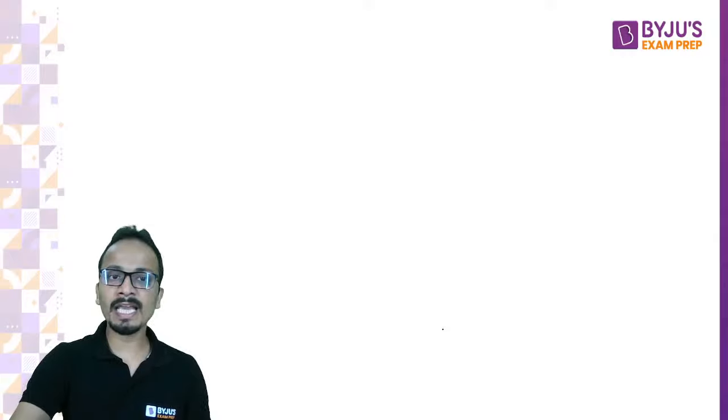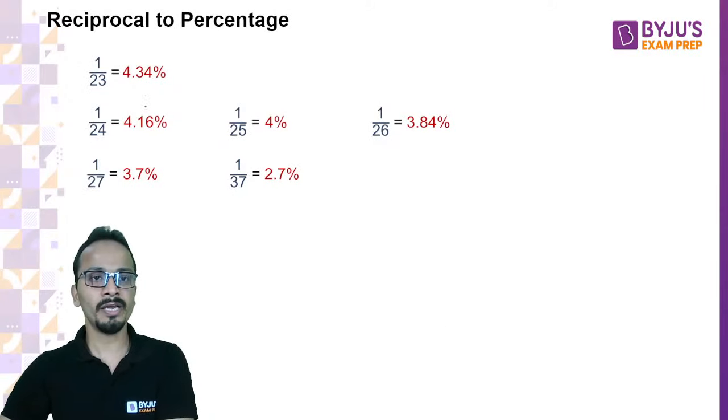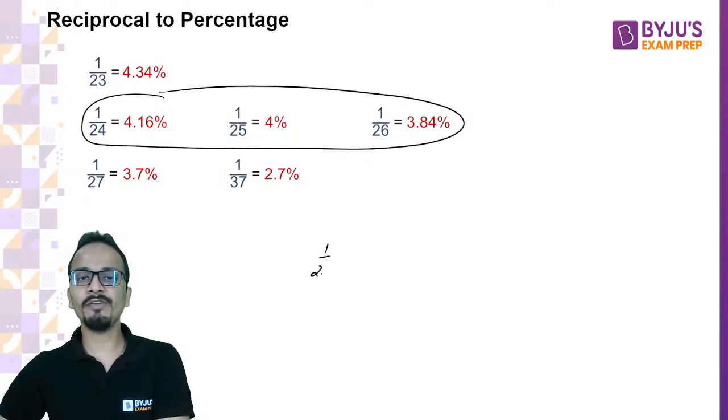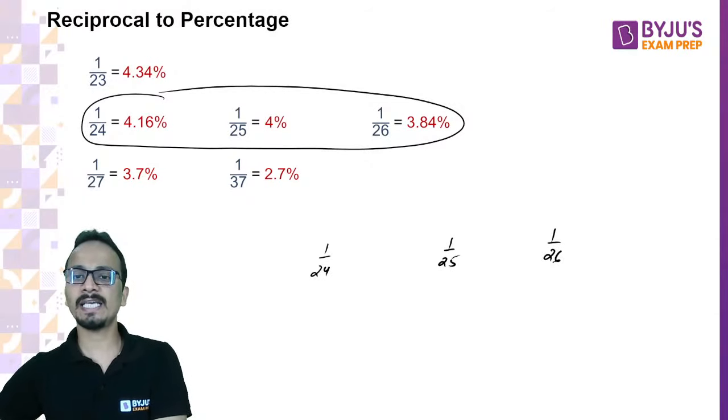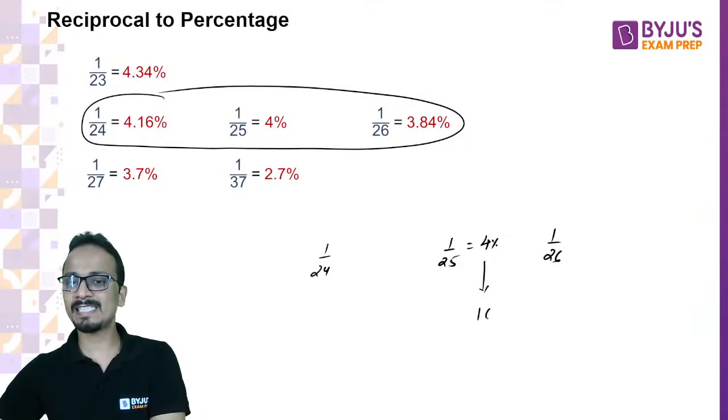The same thing can be applied to one more set of values here: 1 by 24, 1 by 25 and 1 by 26. Now 1 by 25 is 4%. The square of 4 is 16.